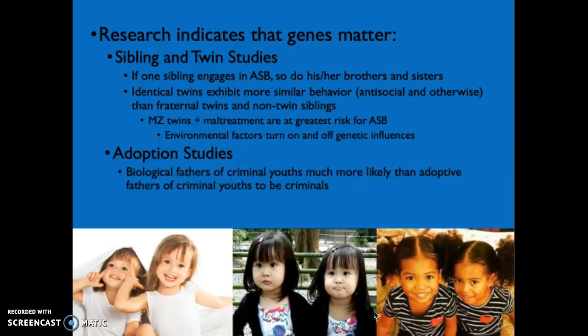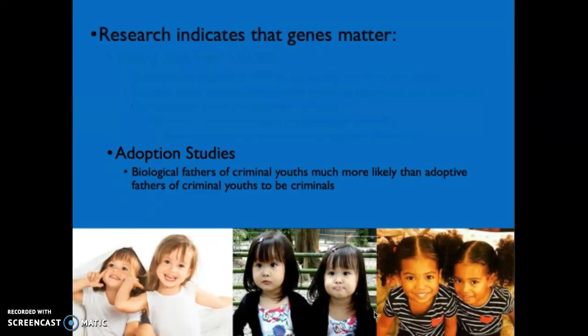So if the child was adopted and that father is a law-abiding citizen and just fine, but the biological father is a criminal, you're more likely to have that adopted child displaying some of those issue behaviors, again, pointing towards our biology and our genetics, even though they are adopted and not raised by that person.